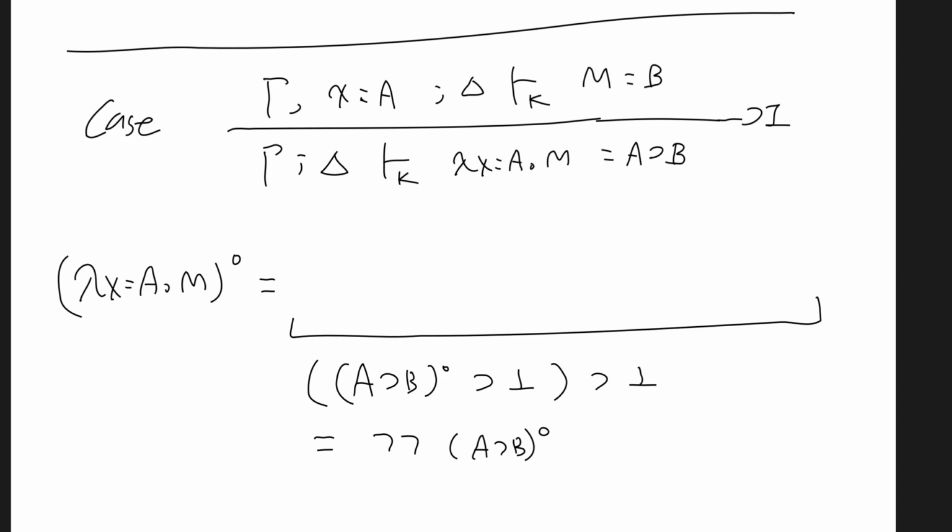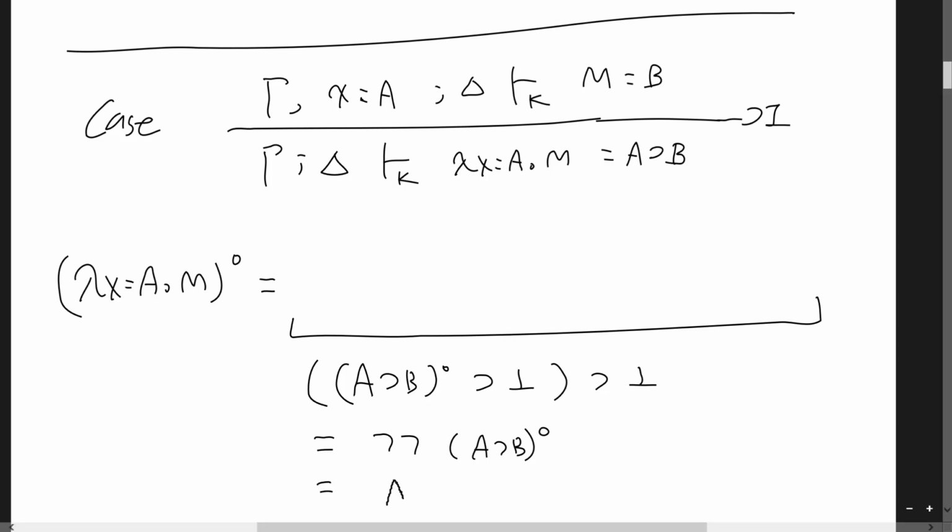And we can further expand it into A implies, this is A implies double negation B circle implies bottom implies bottom.